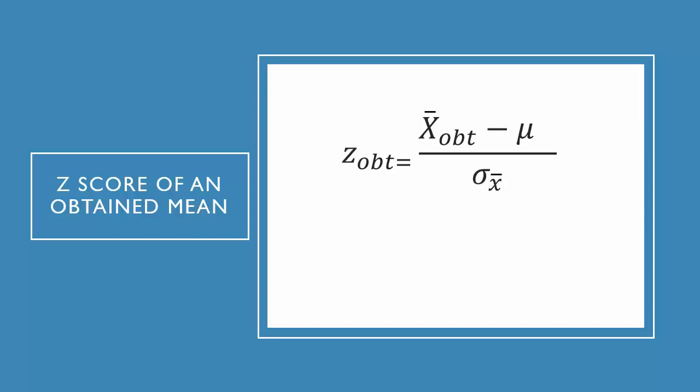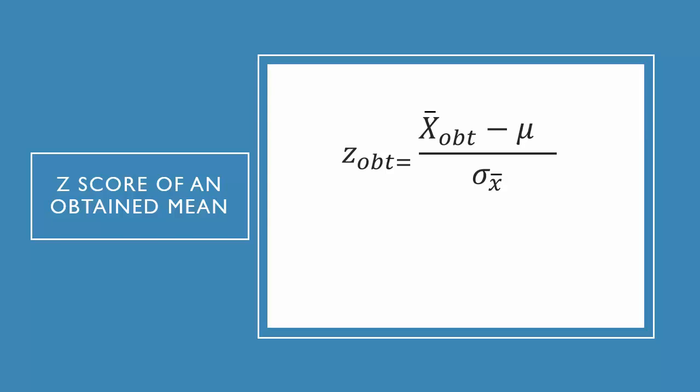So in this particular case, remember, instead of x minus x bar divided by s, which is the standard deviation, we're now looking for the mean of our sample, that's the x bar obtained, minus the population's mean, divided by the standard deviation of the means, which is the normal lowercase sigma, the standard deviation of the population, divided by the square root of n.